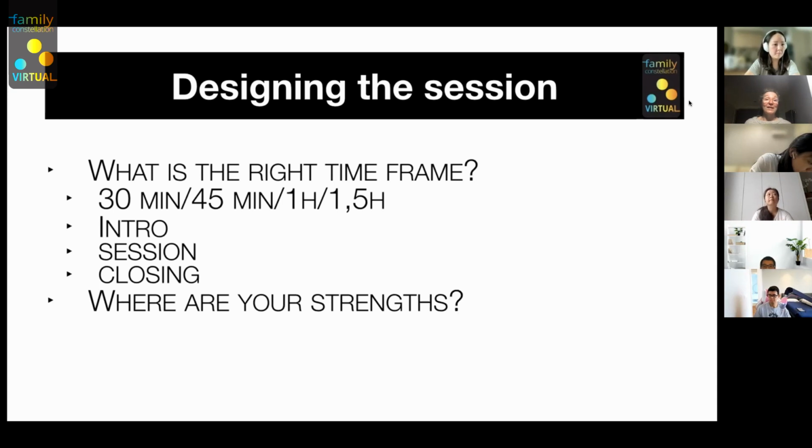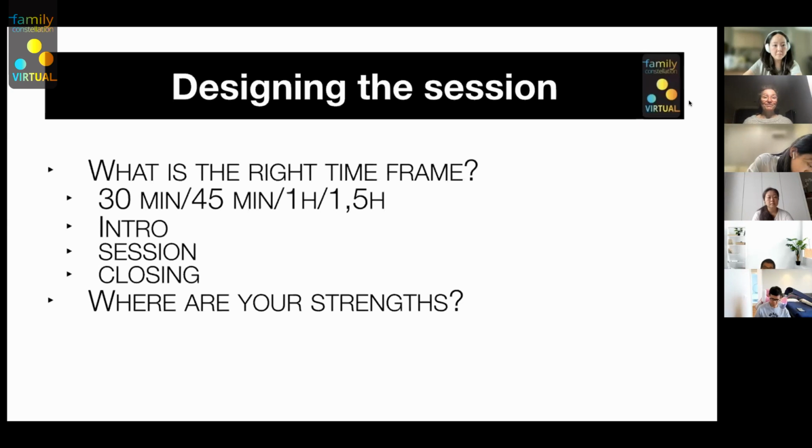Or when your strength is, I don't know, to work with your hands because you do massages or you do Reiki or energy work, then use this in the intro, use this in your closing, use these tools you already have, which you feel good with and they work.